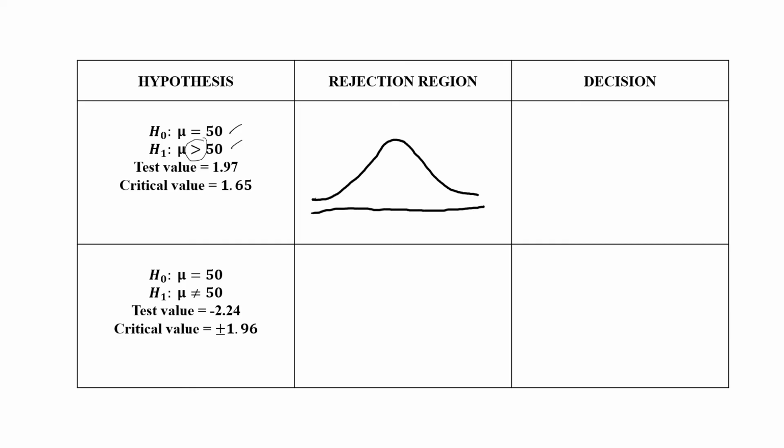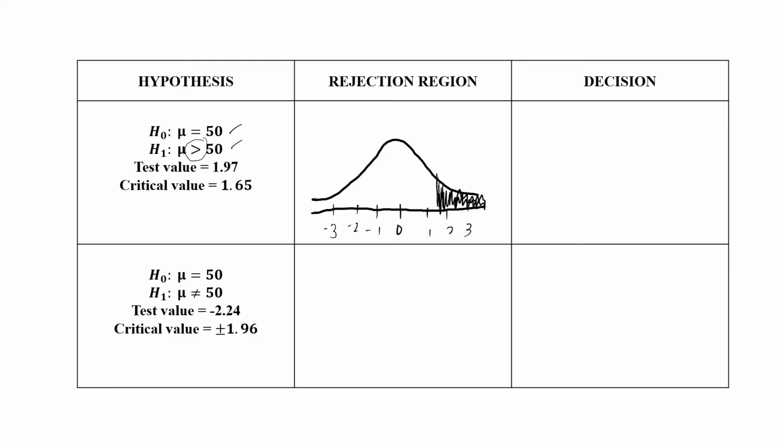normal curve. Ayan. Nandito si 0, negative 1, negative 2, negative 3. Okay. So, i-plot muna natin yung ating critical value. Okay. So, greater than yung symbol meaning nasa right side. Okay. Right-tailed test to. So, 1.65. Sa pagitan siya ni 1 and 2. So, ito lang yung ating shaded region.